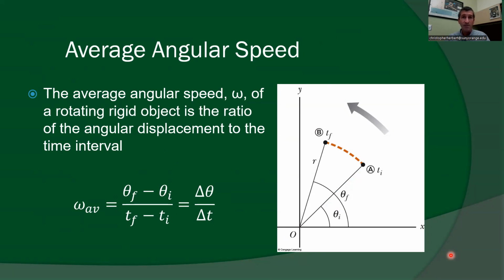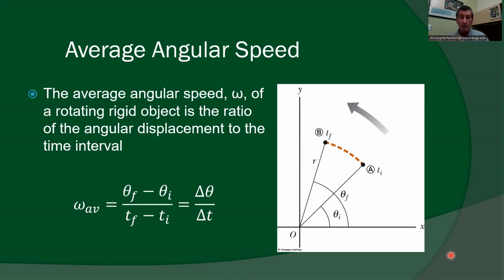Obviously, if we have displacement, we can also talk about speed. There's angular speed and angular velocity. Angular speed just worries about how quickly the rotation is taking place. Angular velocity is worried about the direction and the amount. If we're talking about angular speed, we don't worry about counterclockwise or clockwise.